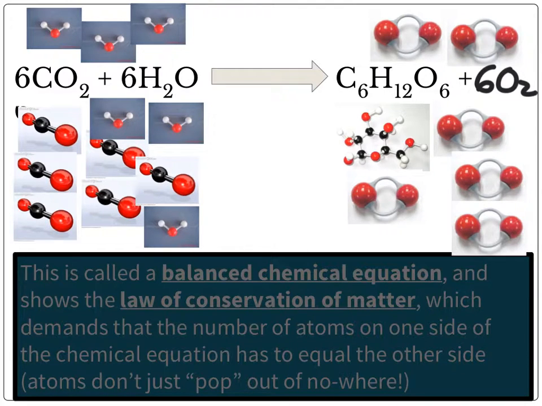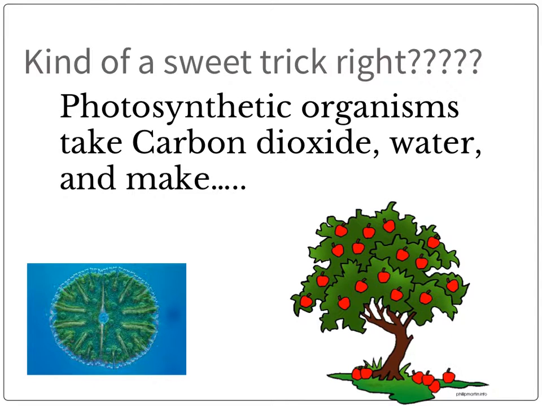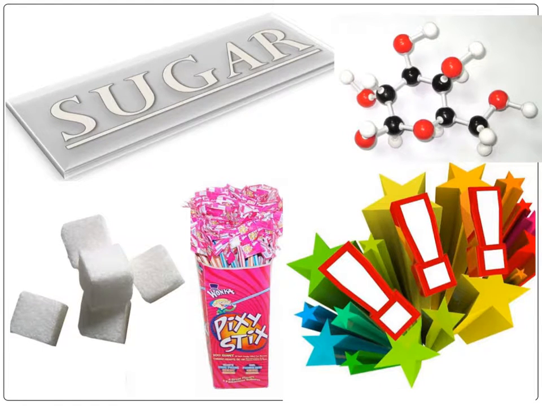If you're going to have a certain amount of atoms on the product side, you needed to have started with that same amount of atoms on the reactant side. Kind of a sweet trick, right? Photosynthetic organisms take carbon dioxide and water, and make sugar.